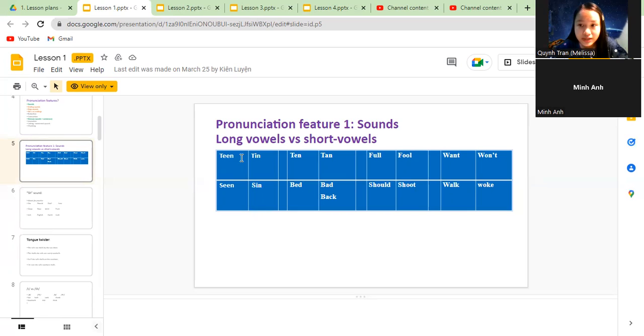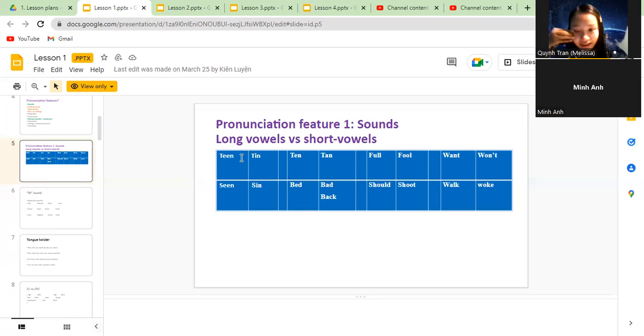In the long one, we have to stretch our mouth like food. But when it comes to the short word, we just relax. We don't say it long. Okay, do you understand that?